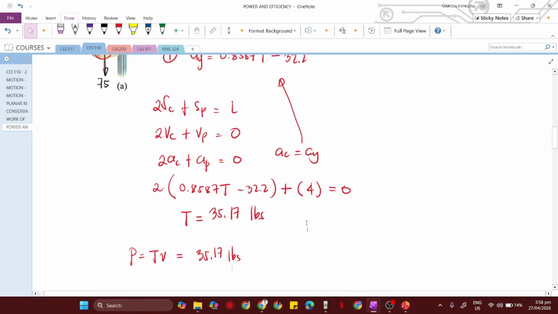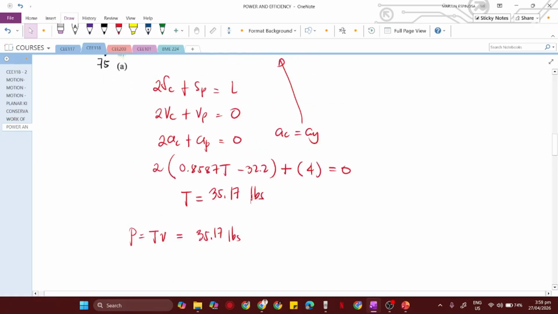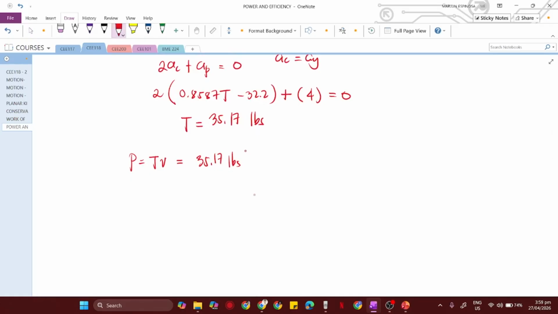Tama naman, no? Okay, sige. Baka nag-differ lang sa calculation. Sige lang. And then, velocity would be 4 feet per second. Tama ba? Ay, 2 feet per second pala. 2 feet per second.